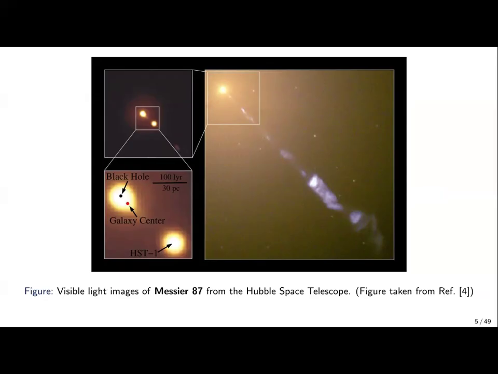This is a visible light image from Hubble, already well aged, but still very interesting. And what's interesting here is that the jet from the galactic center has a slightly different color to the rest of the galaxy because, well, a completely different process leads to the emission of light here.